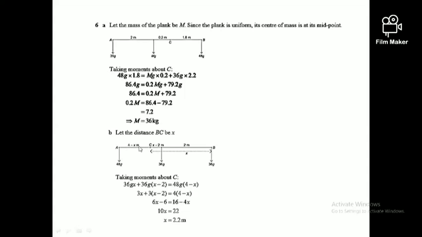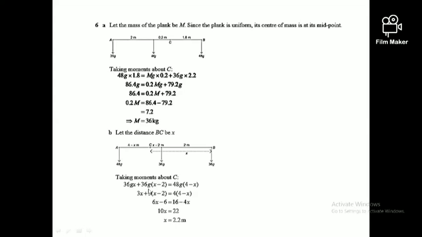Equals this length. We know that the total length is 4 meters, and this length is x, so this length should be 4 minus x. 4 minus x into 48g, right? With that, all the terms you can divide by 12g. If you divide 36g by 12g, it is 3x. This is 3.